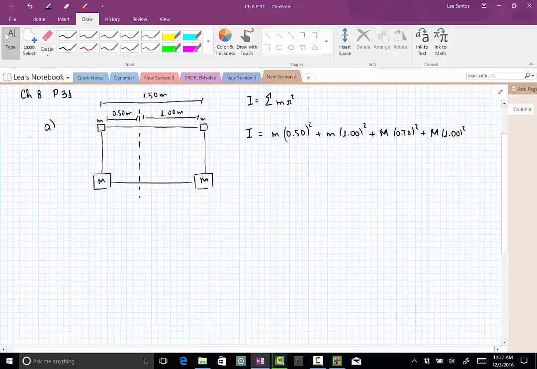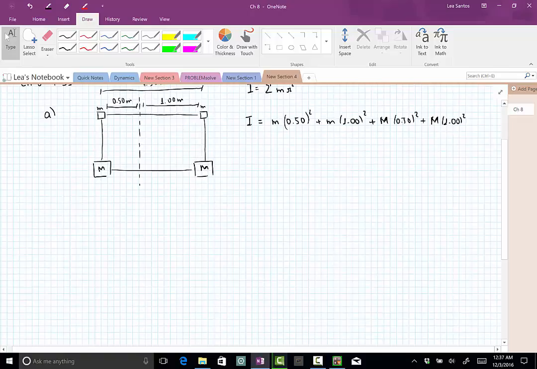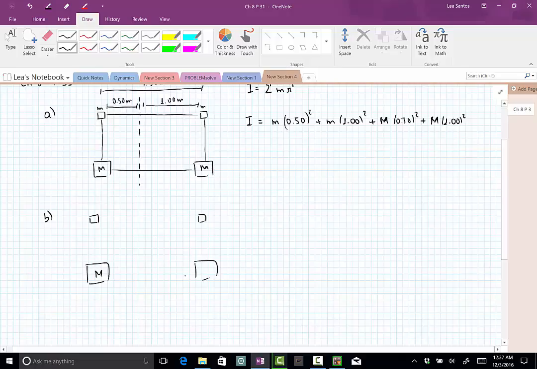In part B, we still have the same structure of masses connected by wires. So we still have the little m's and the big M's here, still connected by very light wires. But now we are going to change the axis of rotation.